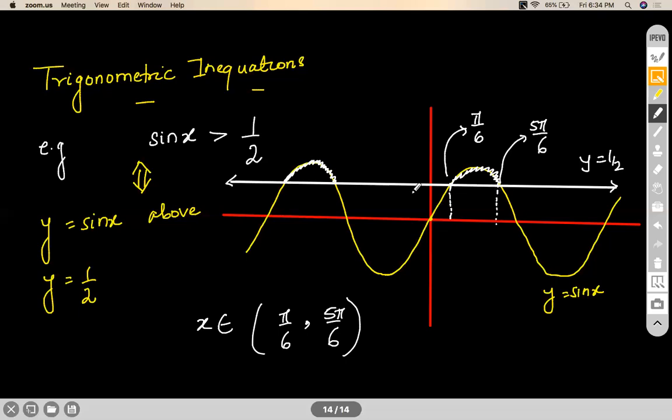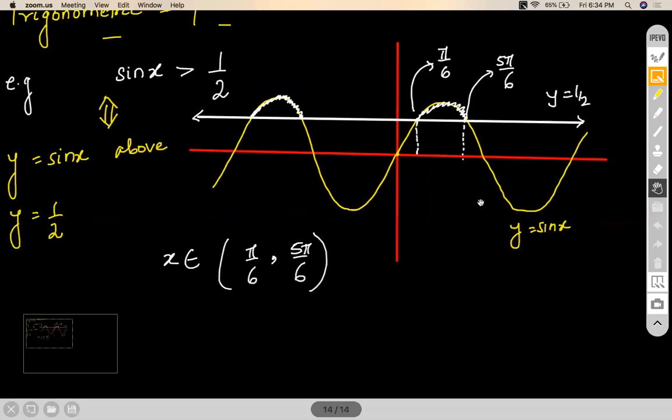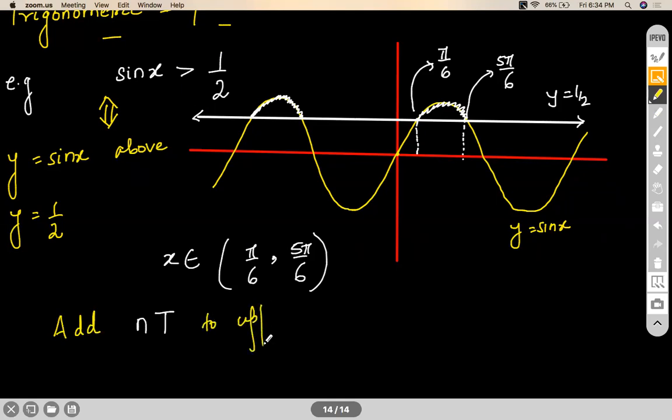But let me tell you, there are so many intervals like this. This is just one of those infinitely many intervals. So how would you write all the intervals? What we do is we basically add n times the fundamental period T of this function to the upper and the lower limits, where T is the fundamental period of the given function.